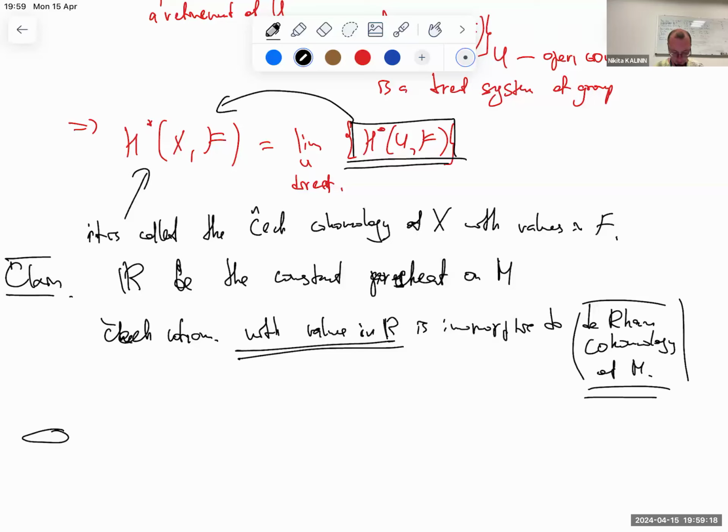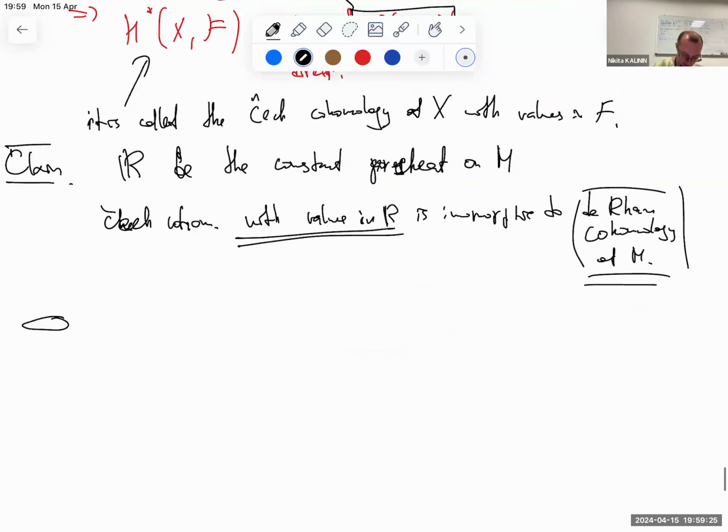Okay, but it also means it's enough to take just any good cover, because for all good covers it's the same. And for any cover one can find a refinement which is good.